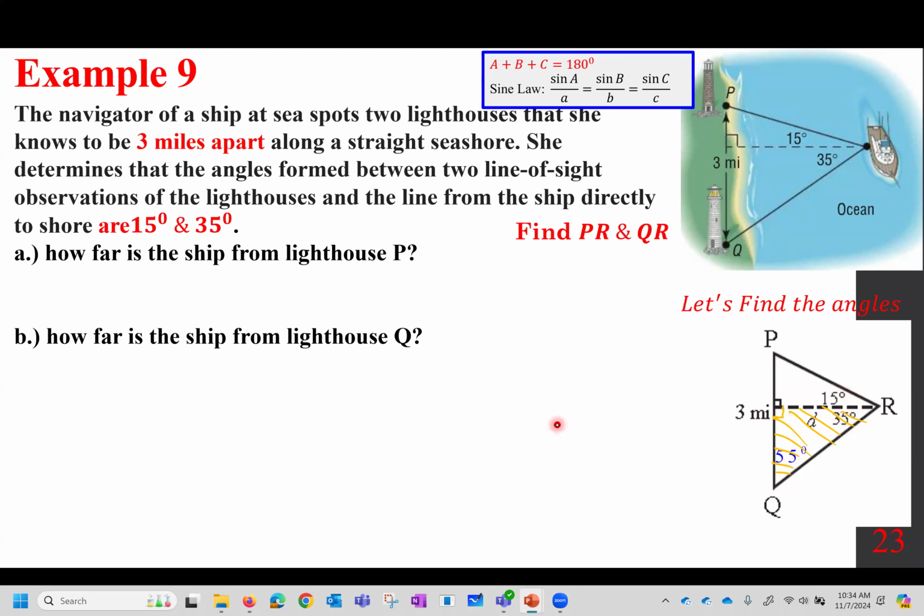Now this one, let me use a different color on that. So maybe I write this. So this one is 90 minus 35.